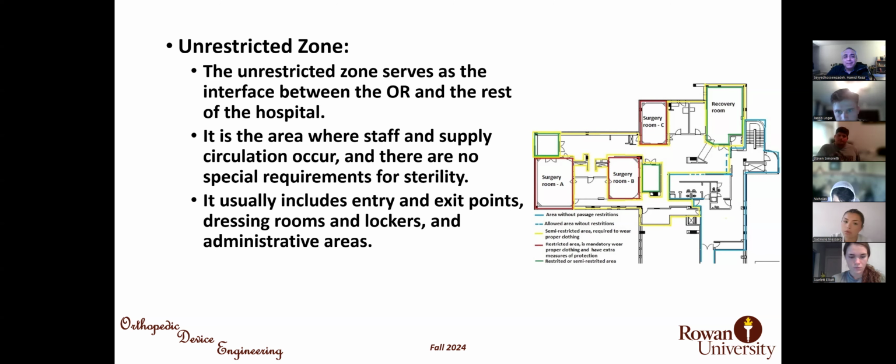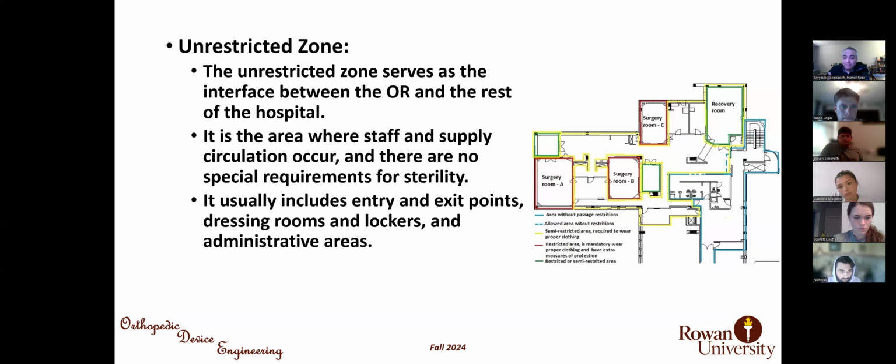So dressing rooms and lockers, and also the administrative area are in unrestricted zone to allow them to have meetings with other people easily. In this area, as I said, you have no restriction. You can enter this area with your clothes, with your shoes, without any hat.